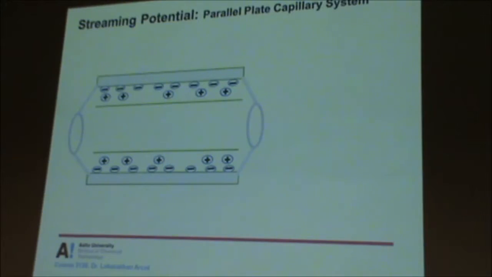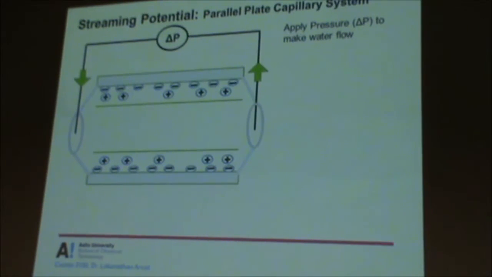Okay, so now let's say this is the setup for how we measure the zeta potential using streaming potential or current. You take a surface that is negatively charged and there are counter cations, and this green line is the slipping plane. You apply pressure, where the applied pressure causes water to flow from here, here and then back.